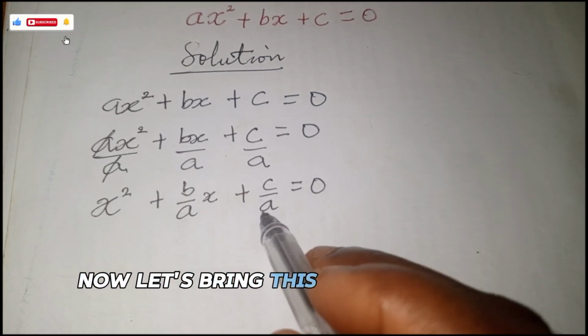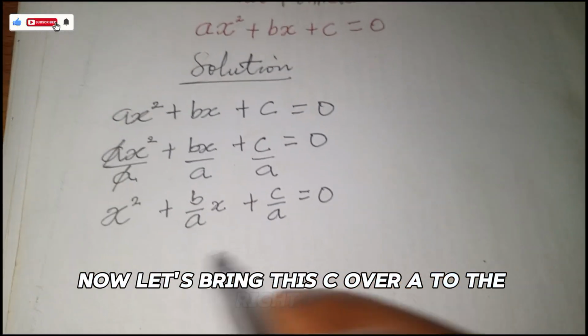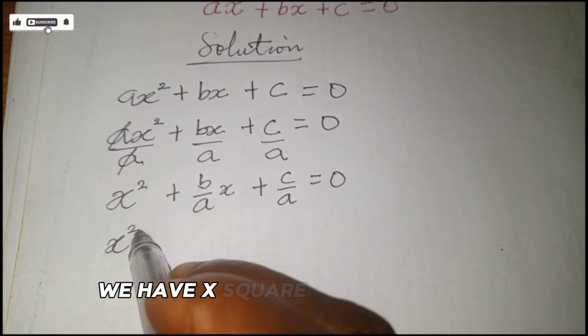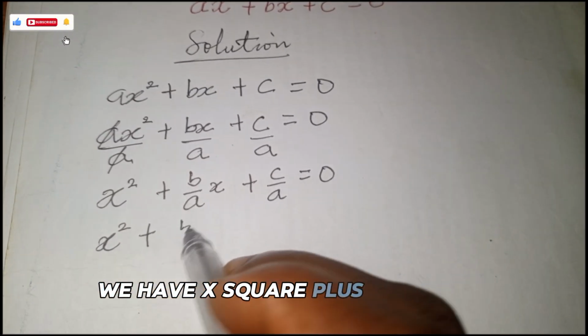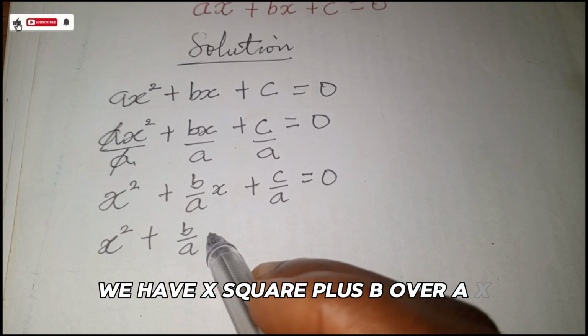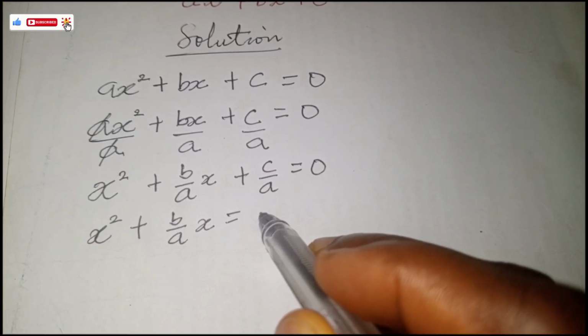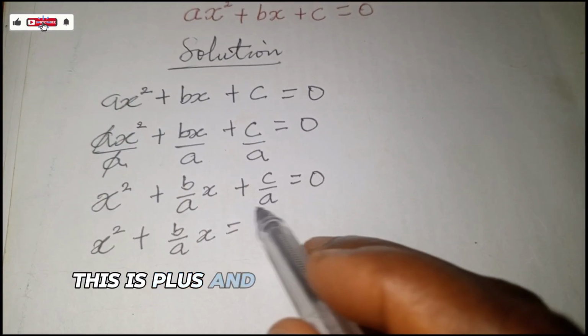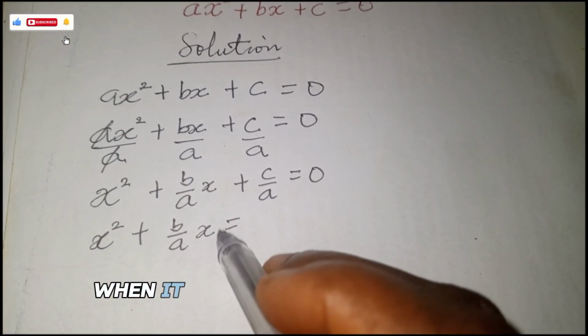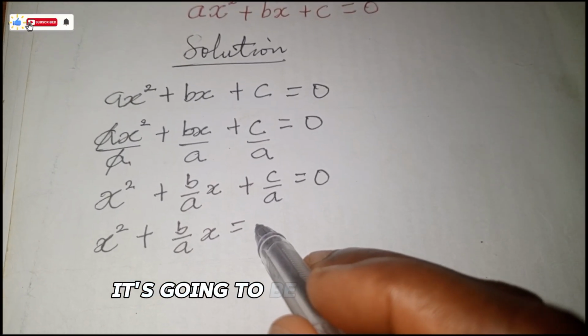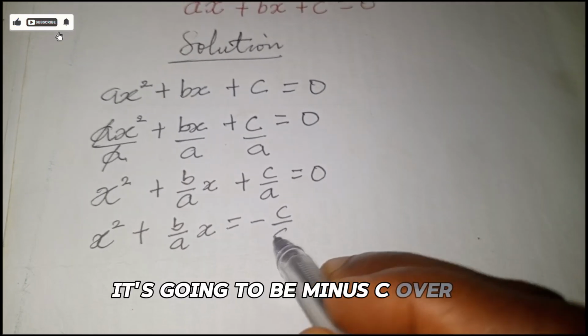Now let's bring this c over a to the right side. We have x squared plus b over a x equals, when it crosses the equality sign, minus c over a.